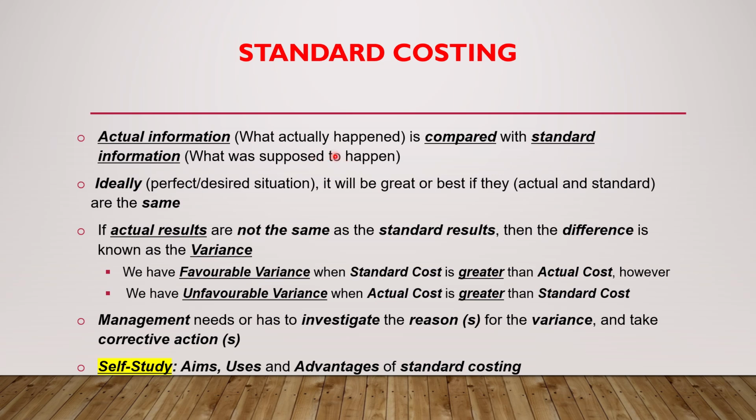According to planning. If for instance you can take an example of a person who wants to go to Johannesburg, okay, and that person plans, that is standard information, to spend say 10,000 rands, which includes everything: transport, accommodation and spending.